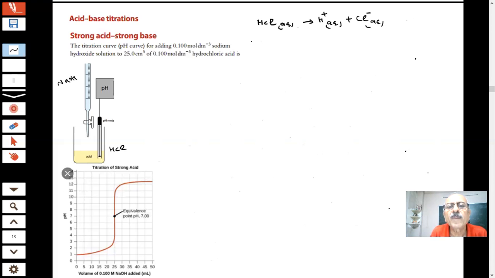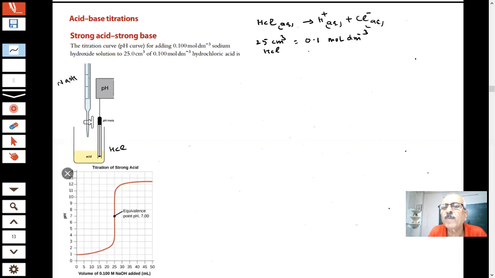Now, in the beginning, you are having 25 centimeter cube of 0.1 mole per decimeter cube HCl. How much do I have in the beaker? 25 centimeter cube of HCl, which is 25 milliliter.